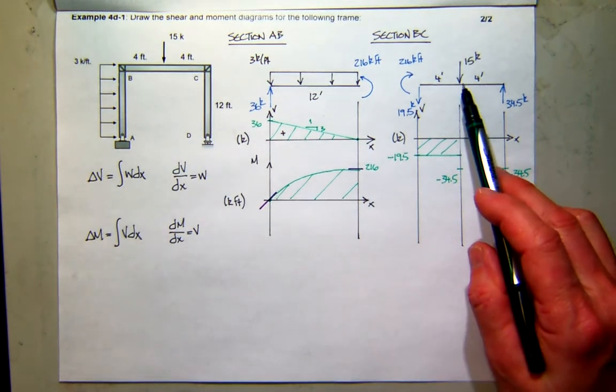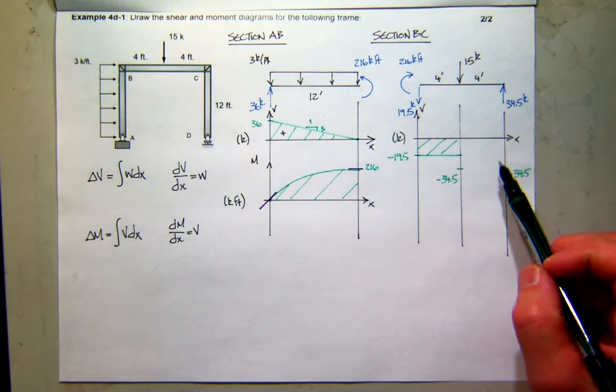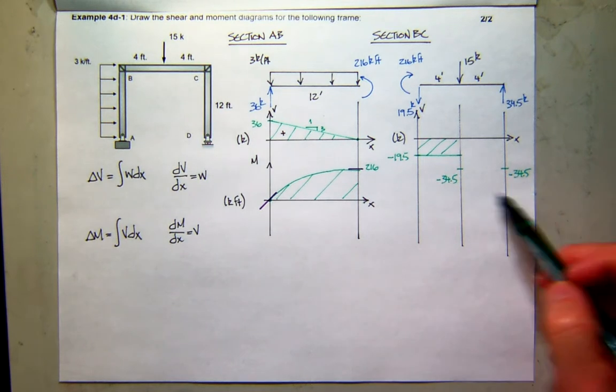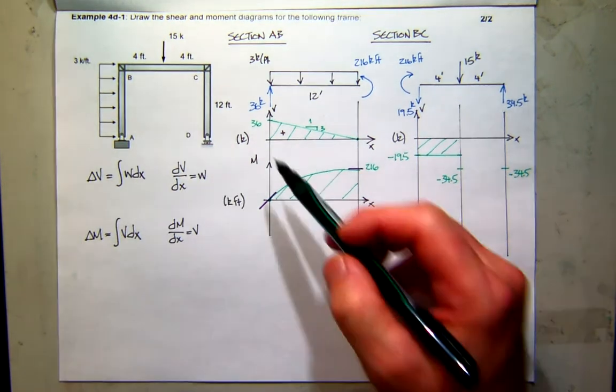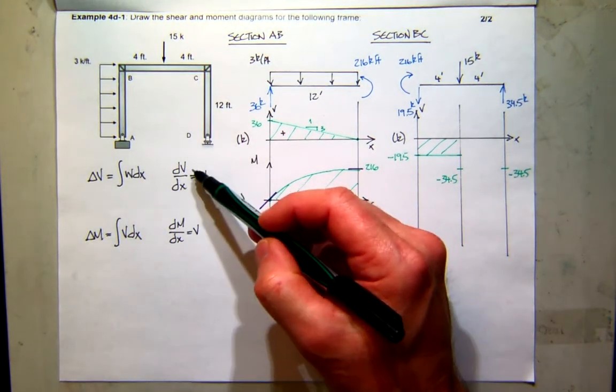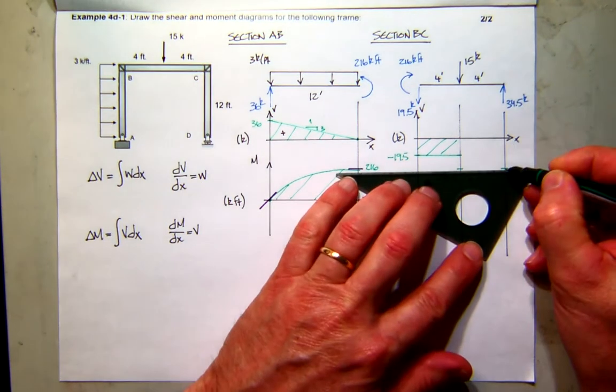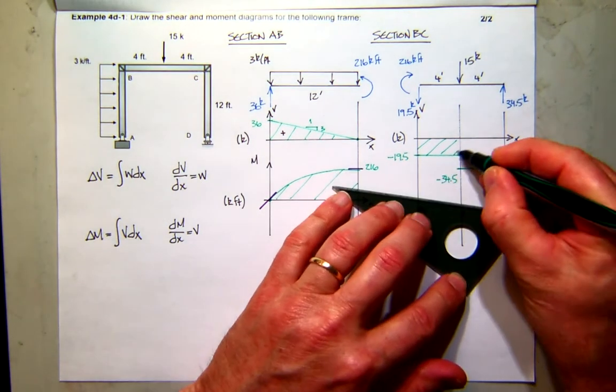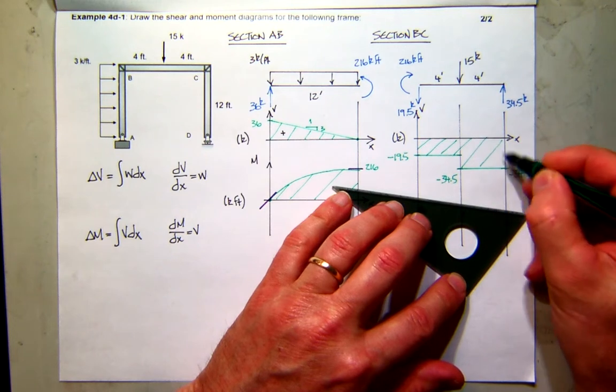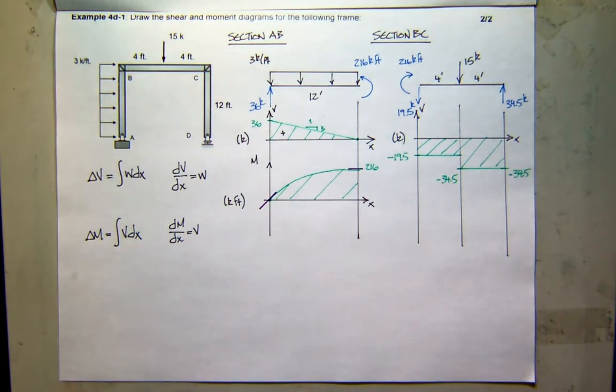Looking at this last 4 feet, again, no load, so no change, and you can see the two match. The shape of the shear diagram is the load, and the load is 0, so 0 slope. So now you have a nice little step diagram for the shear.